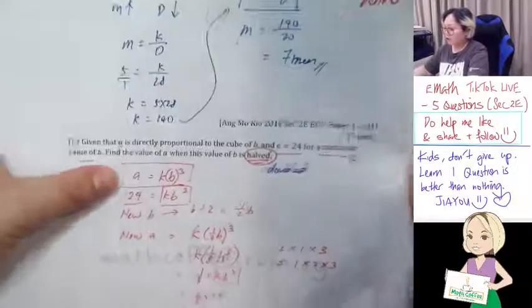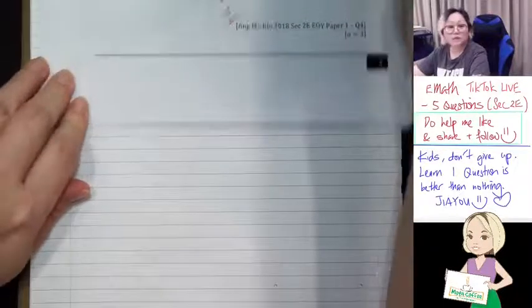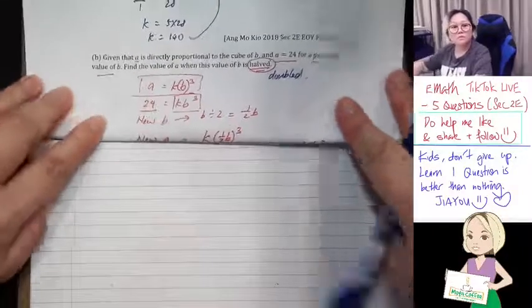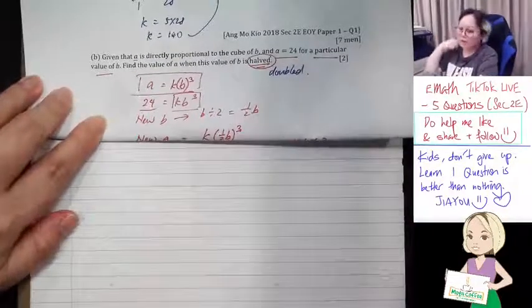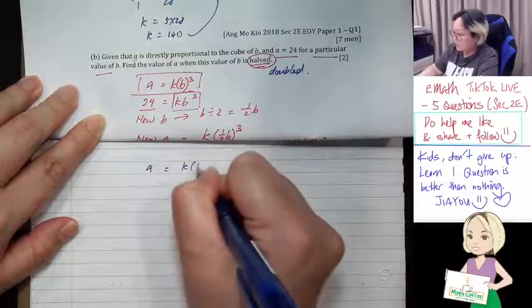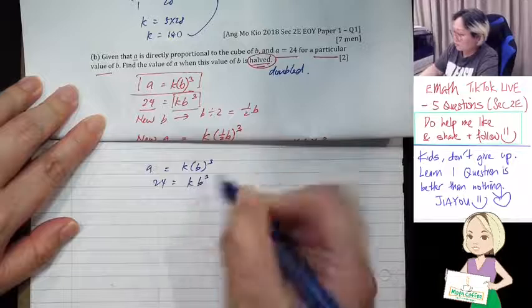Same question, so I'm going to copy the front part. Okay, so I have A equals KB cubed, and 24 equals KB cubed.